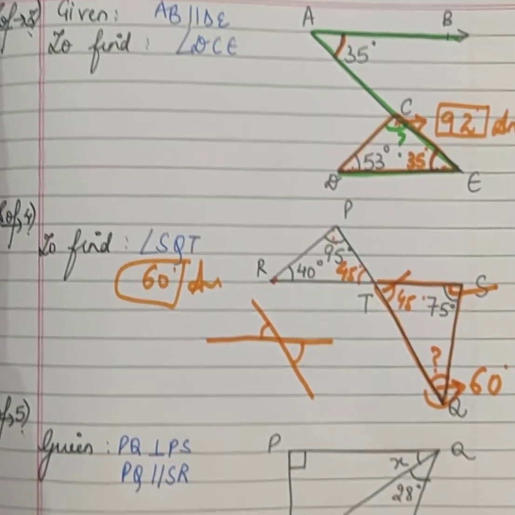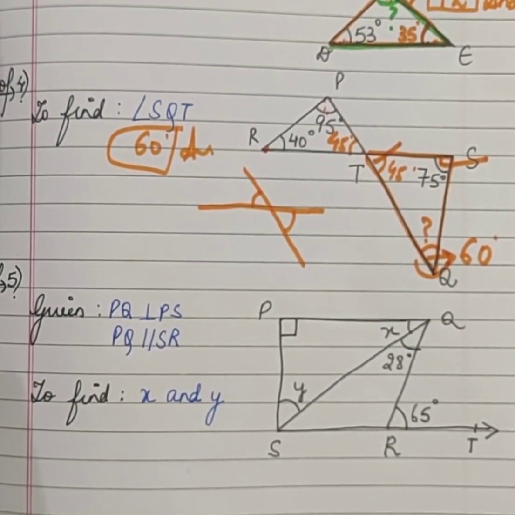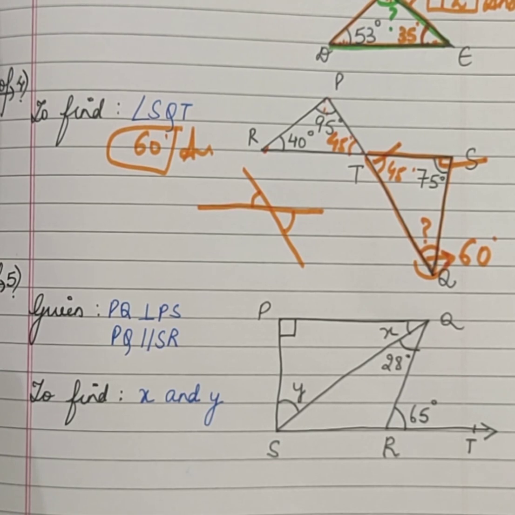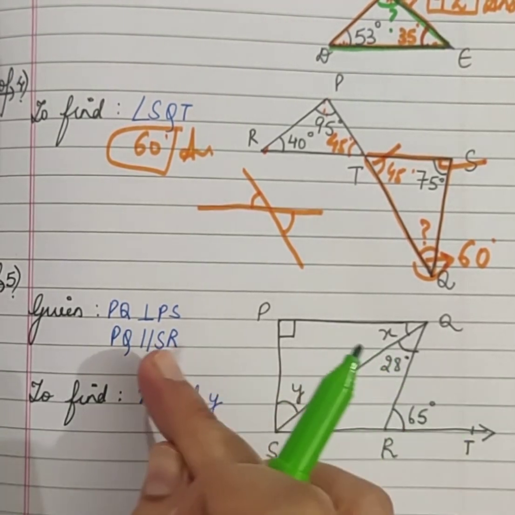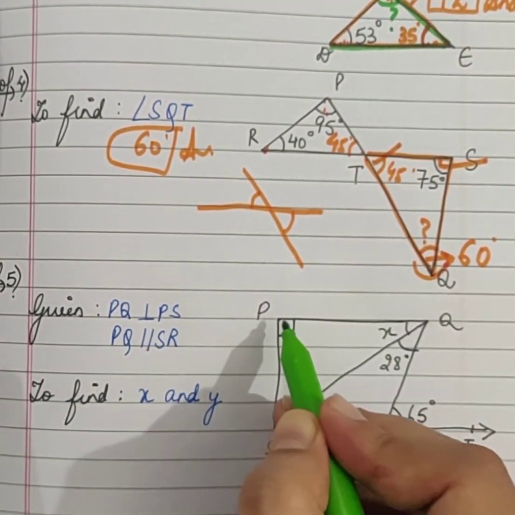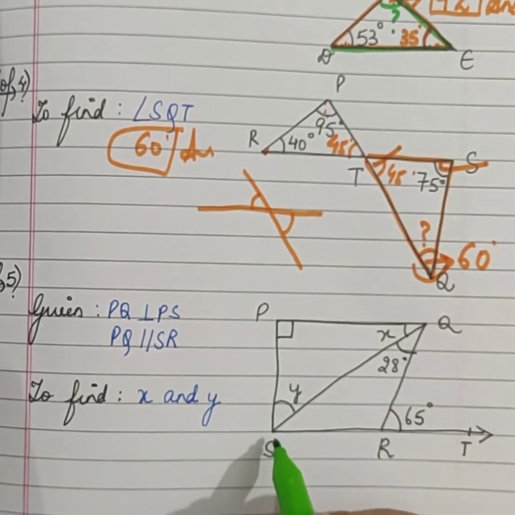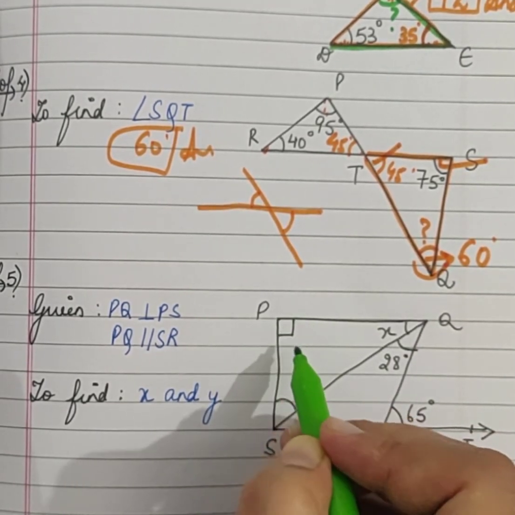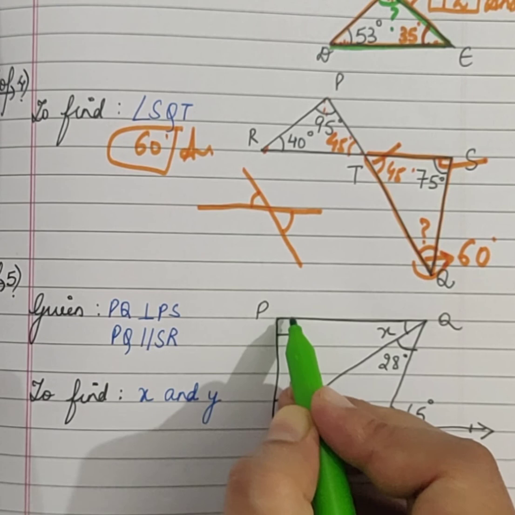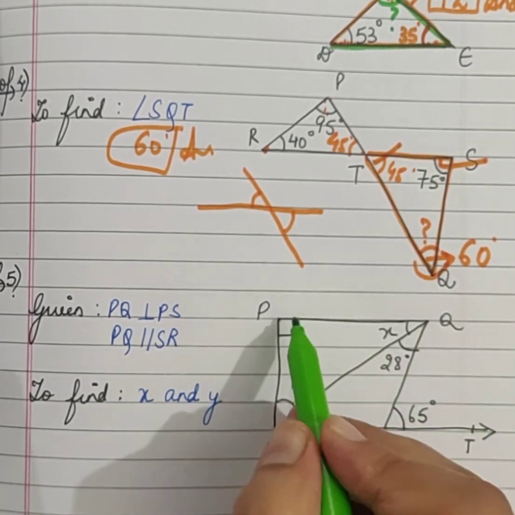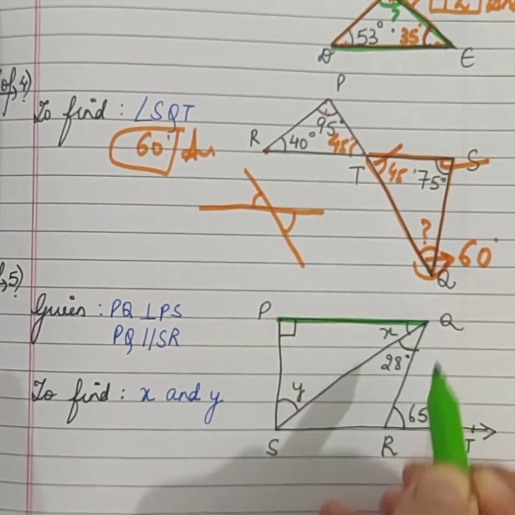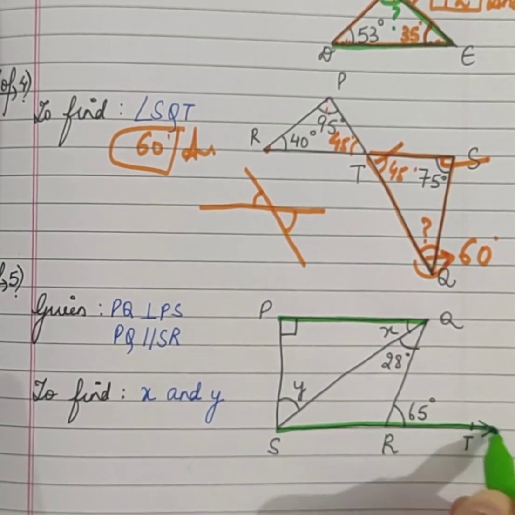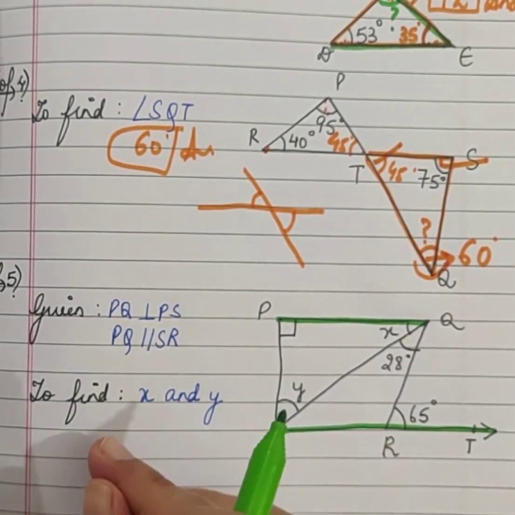Let's look at question number 5 now. The figure is given, it is also provided PQ is perpendicular to PS. That means this is 90 degrees, already indicated by this angle sign, and PQ is parallel to SR. These lines are parallel. What we are supposed to find?